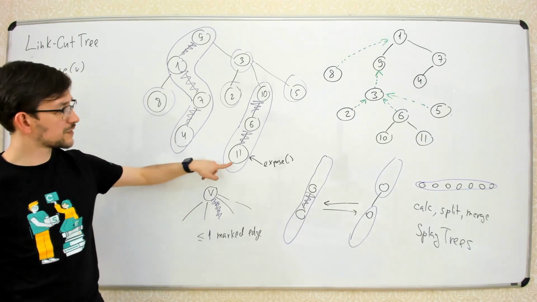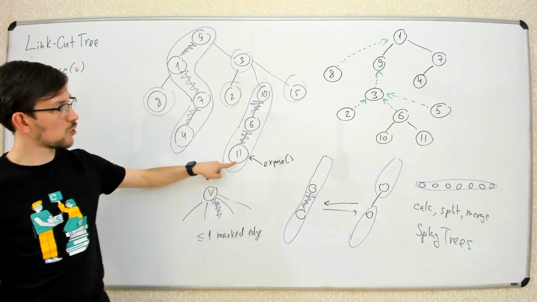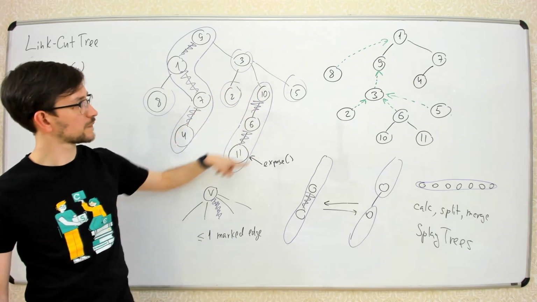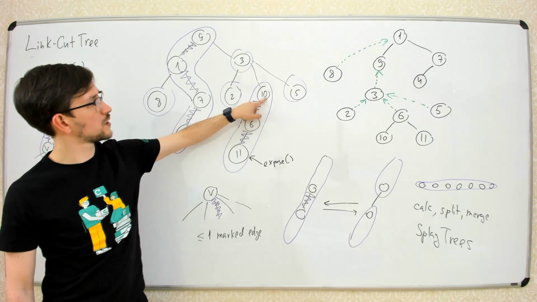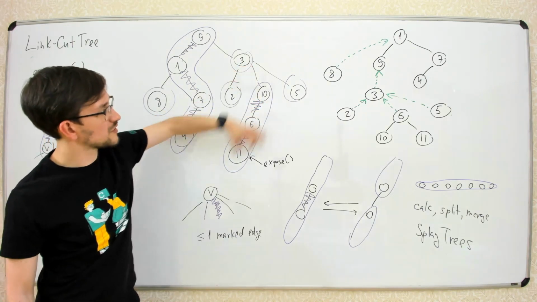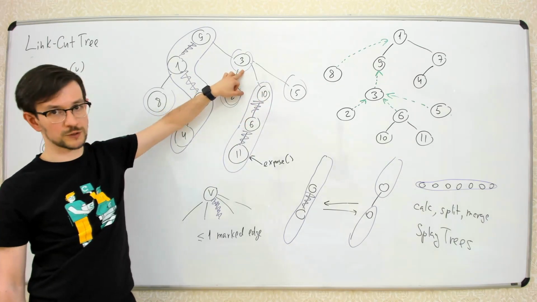It's quite simple. Let's take this node V. This node 11 belongs to some Splay tree, right? To this Splay tree. We need to find the edge by which this path is connected to some node.